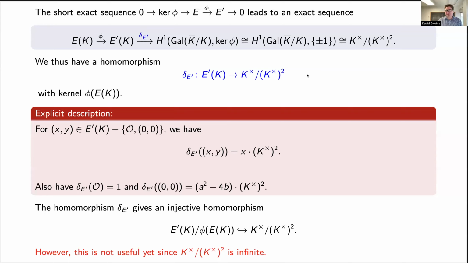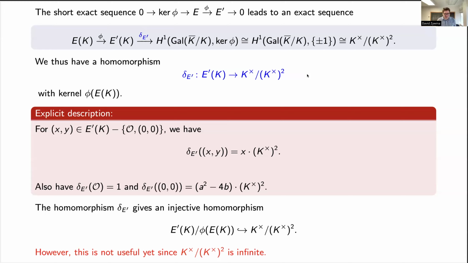The kernel is just a group of order 2 with trivial Galois action. And I can identify that group with the non-zero square classes of k. And so then we have this δ_E', this map that takes the k-rational points of E', the isogenous curve, to non-zero square classes. And its kernel is exactly φ of E(k). Okay, so that's our descent map.